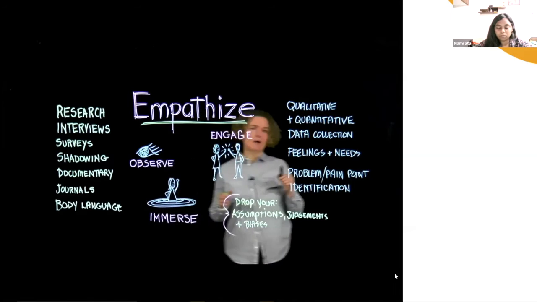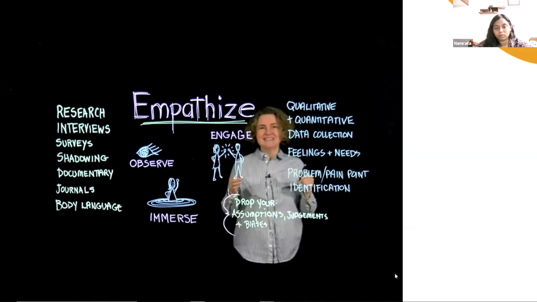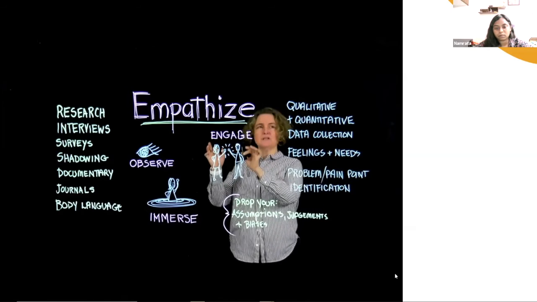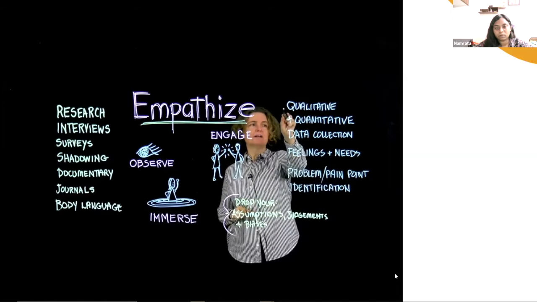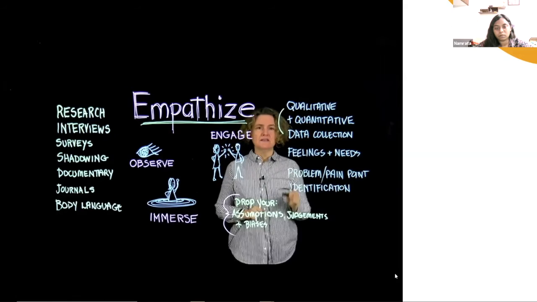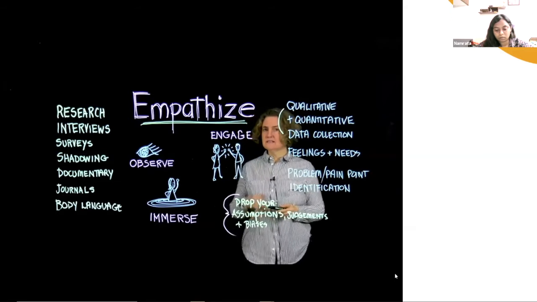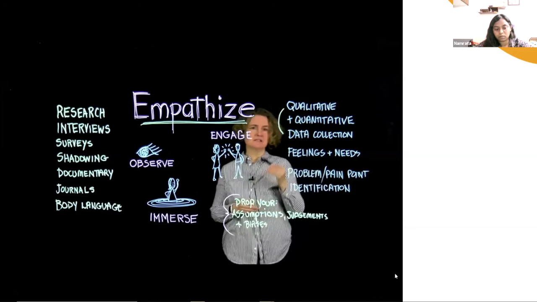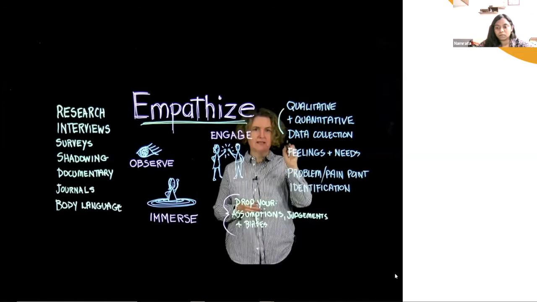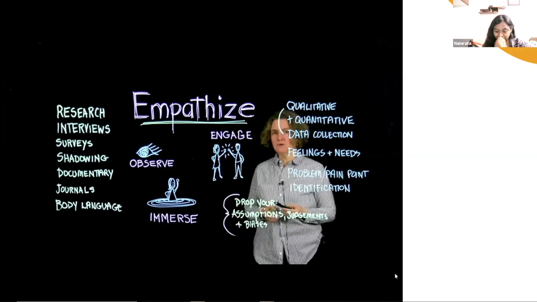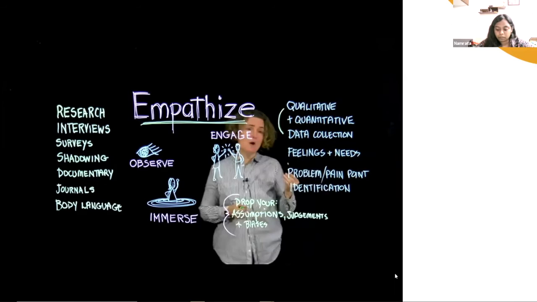There are a couple of things that I want to start out with saying, even though the word is empathize, what we're really talking about here is the research and collection of qualitative and quantitative data. Quantitative data is how many times someone clicks on something, or eye tracking movements. Those would be mathematical or quantitative data points.